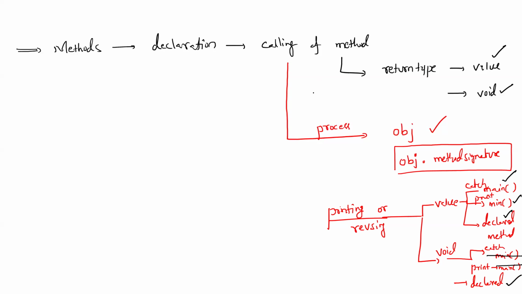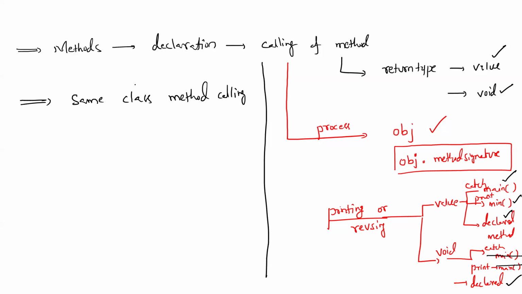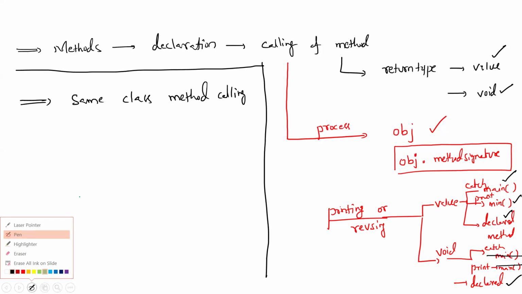Then, we discussed calling methods of the same class. If both the methods are present in the same class, what is the difference? From outside the class, it's mandatory to create the object. But if we are calling the methods from the same class, is it possible to call them by object creation?